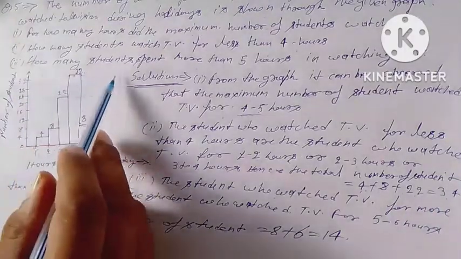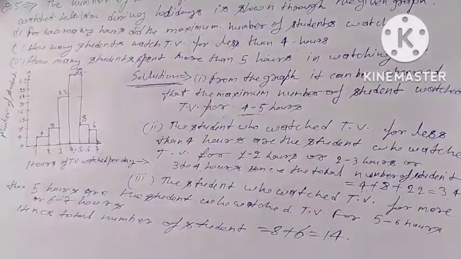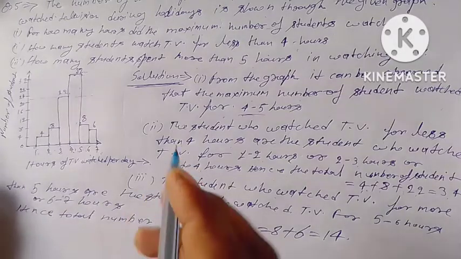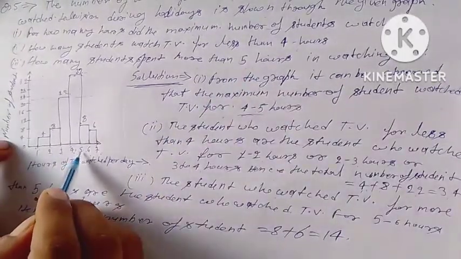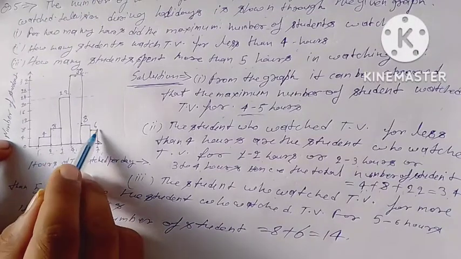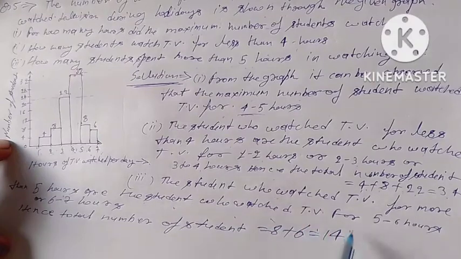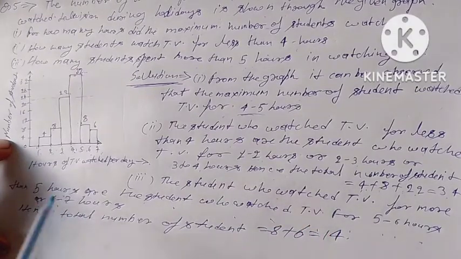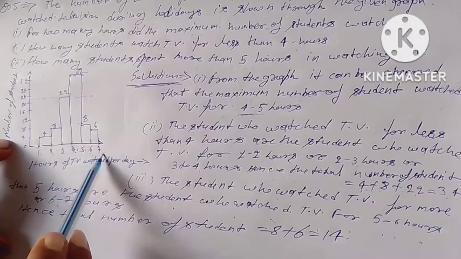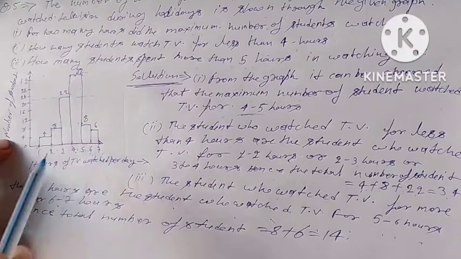Question number 3. How many students spent more than 5 hours watching TV? That means students who watch TV for more than 5 hours, which is 5 to 6 hours or 6 to 7 hours.